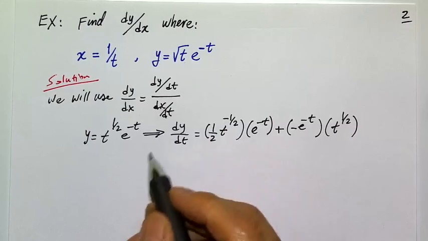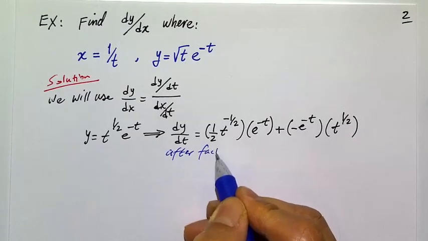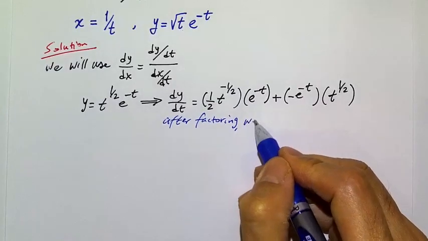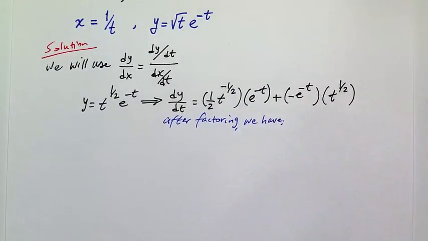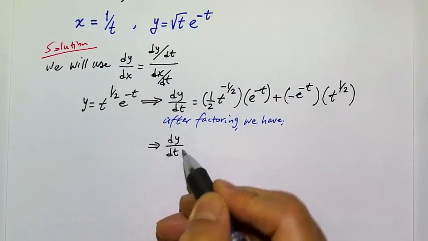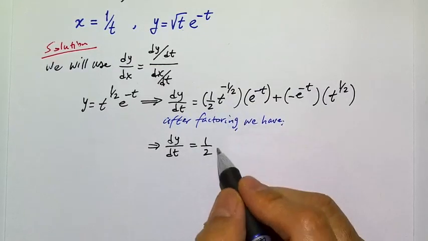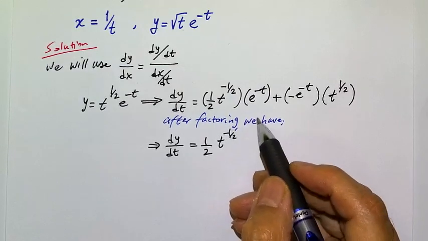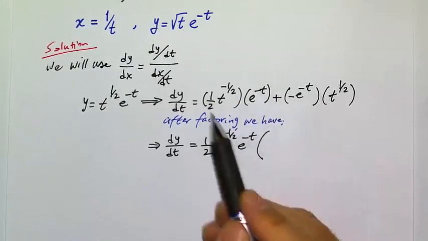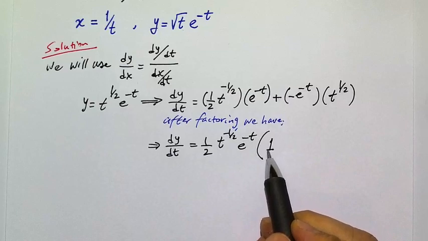So after factoring, we have this expression. One half, and then t to minus 1/2 power, and of course let's factor out e to minus t. Then for this, to get this back, all we need is a 1.